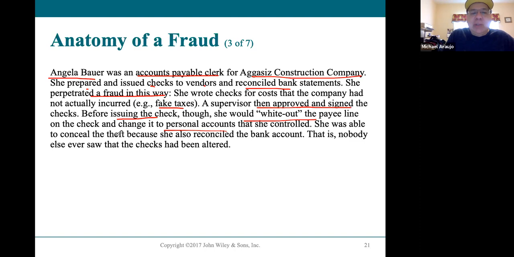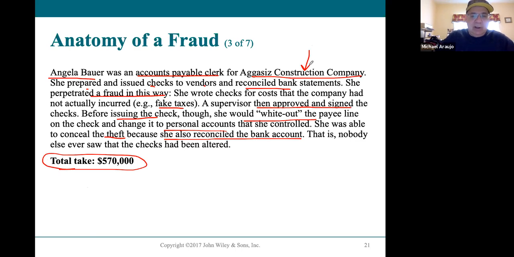She was able to conceal that theft because she also was the one who reconciled the bank statement with the books of the company. So no one else knew what was going on. Not good. She took over $500,000. So she did a lot of construction of fraud.